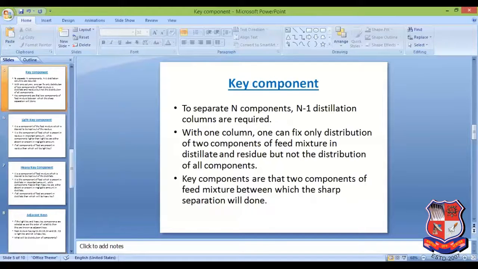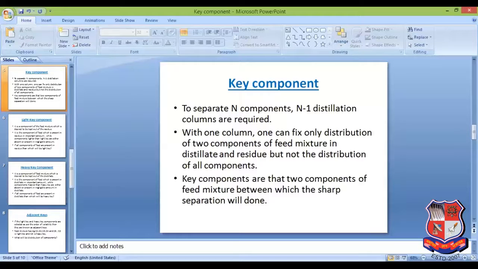Okay. So in real life, there are cases where we have to deal with more than 2 components. So suppose if we want to separate n components, then we require n-1 distillation columns. Now if we want to separate components with the help of only one column, then we are never going to get distribution of all the components.